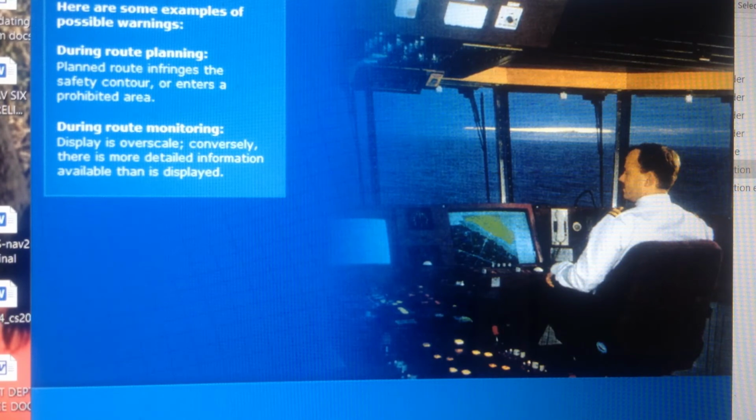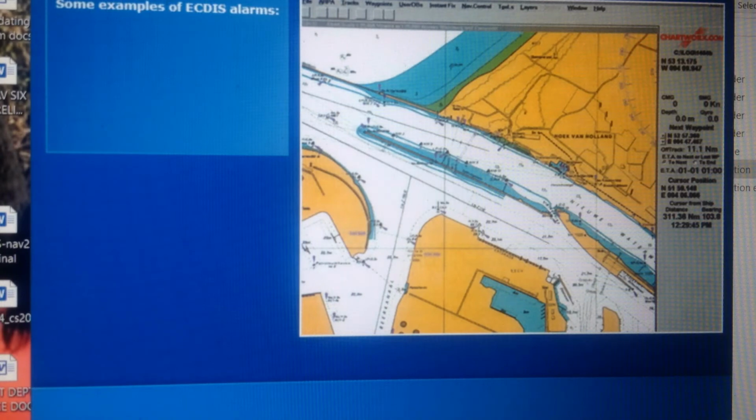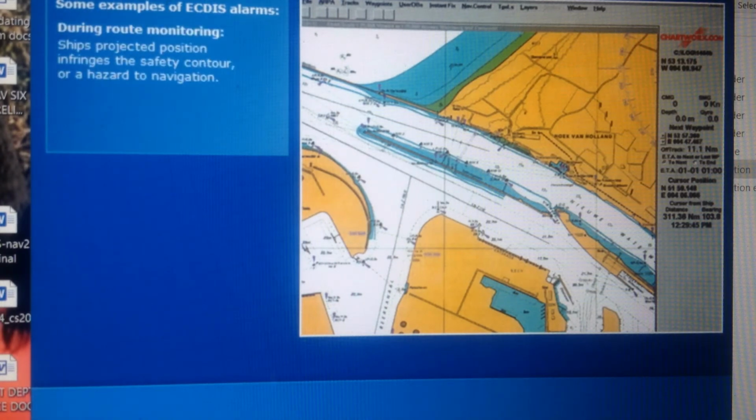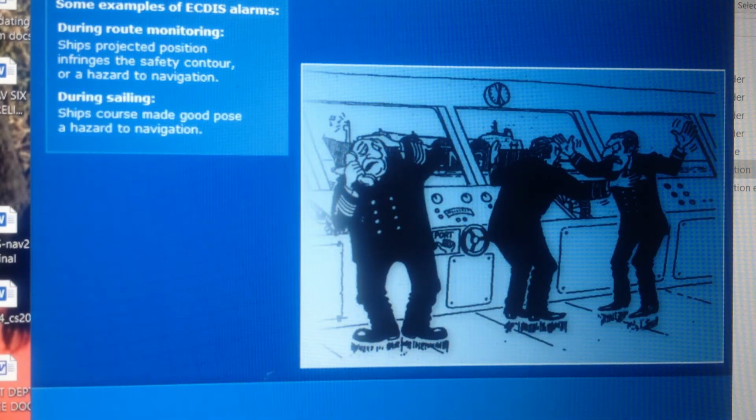Conversely, there is more detailed information available than is displayed. Some examples of ECDIS alarms. Ship's projected position infringes the safety contour, or a hazard to navigation. Ship's course made good poses a hazard to navigation.